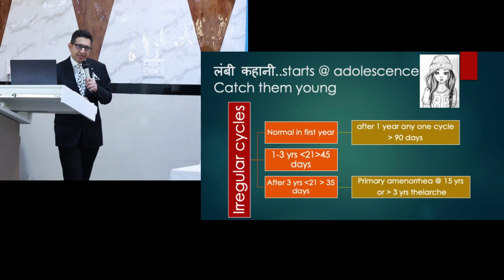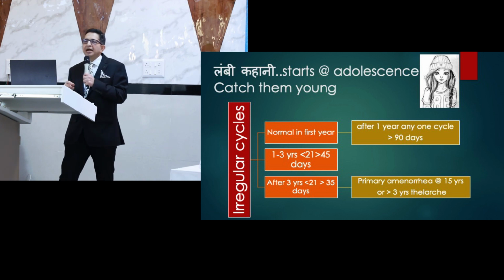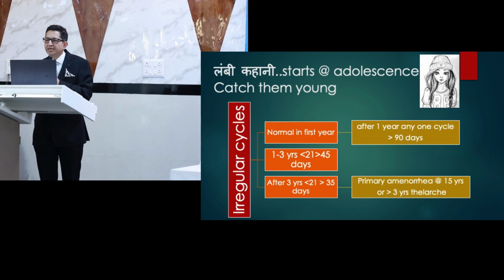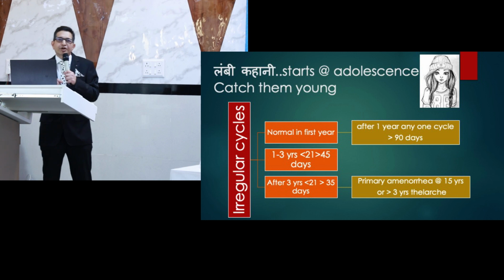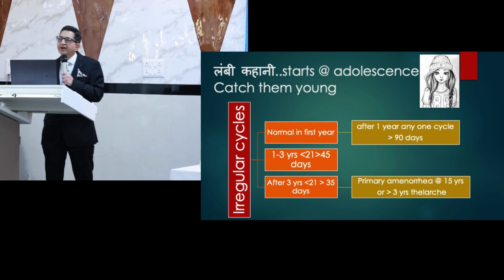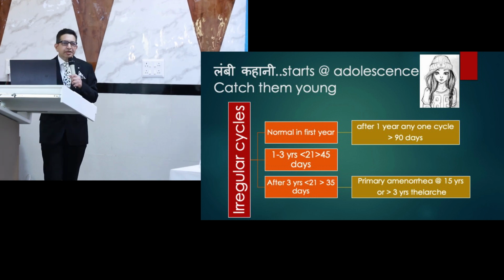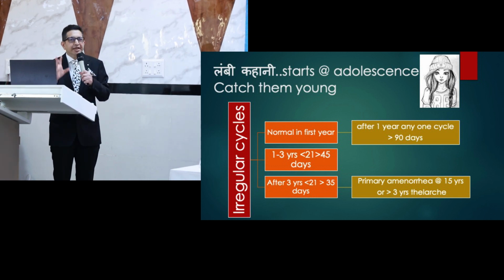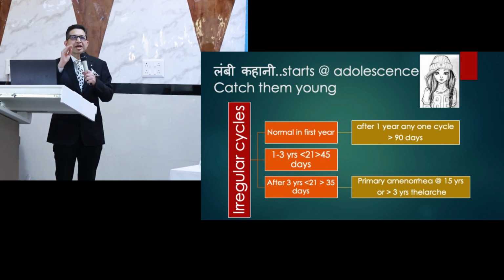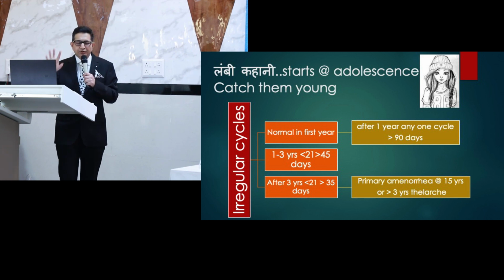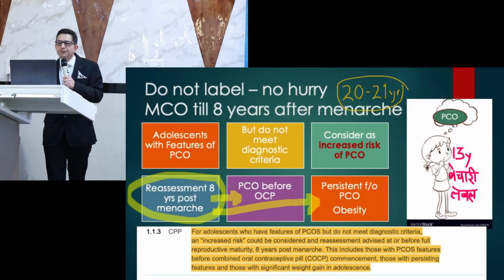After 3 years, less than 21 days or more than 35 days is considered abnormal. What is primary amenorrhea? If at the age of 15 years, no menses, primary amenorrhea. Or 3 years after thelarche, if no menses, it is primary amenorrhea. Clear?